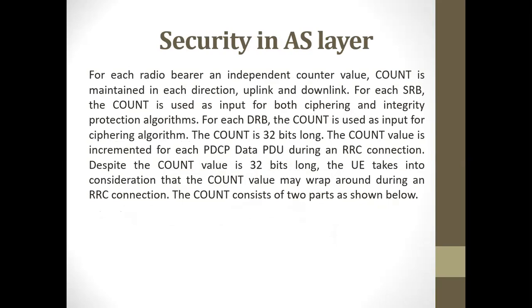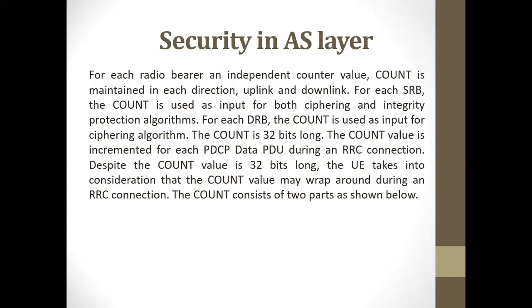Your count value gets to the end and needs to wrap around, whatever the bit length is. Something you increase at every data packet, and there are so many packets you're sending, at some point you will get to the end, all nines, and then you refresh, they all become 0.